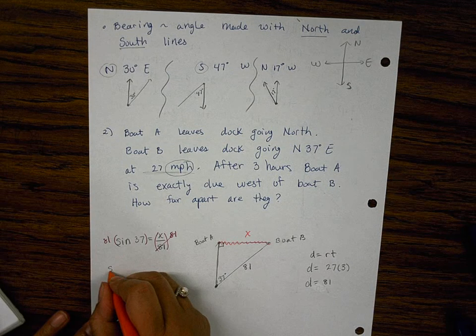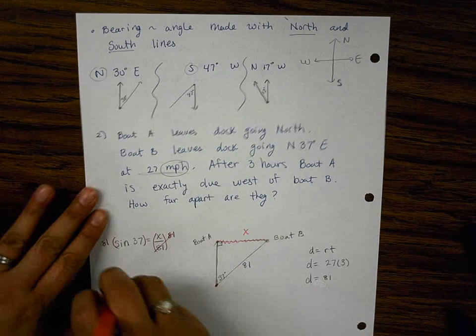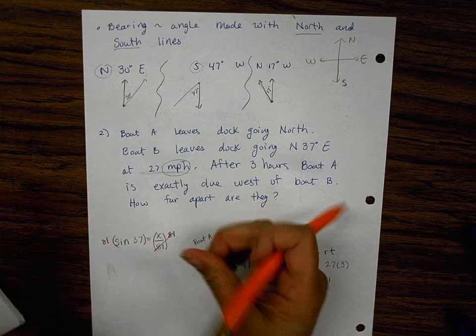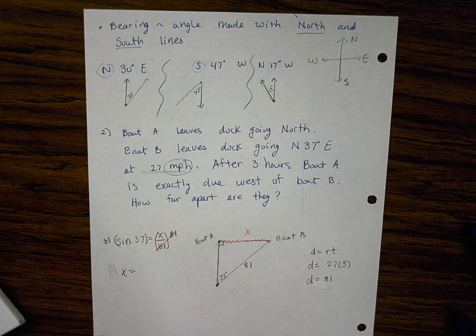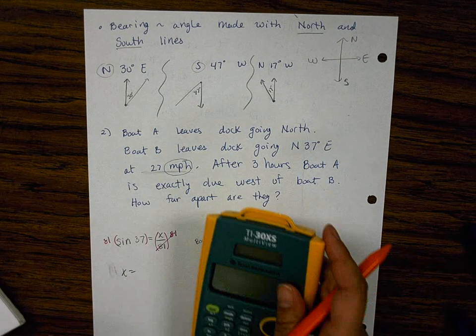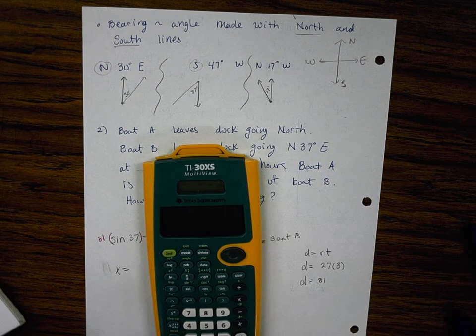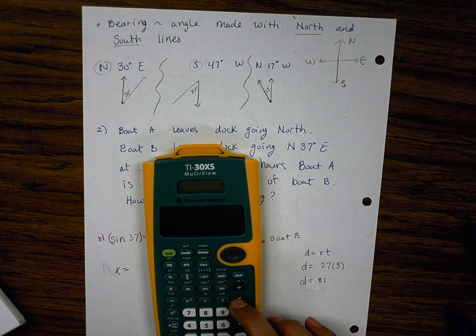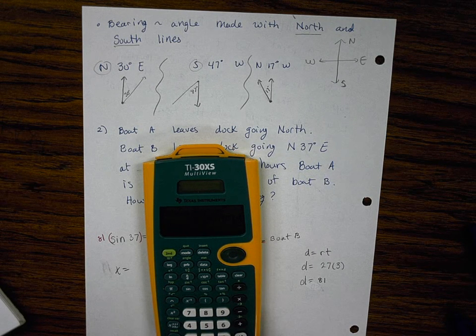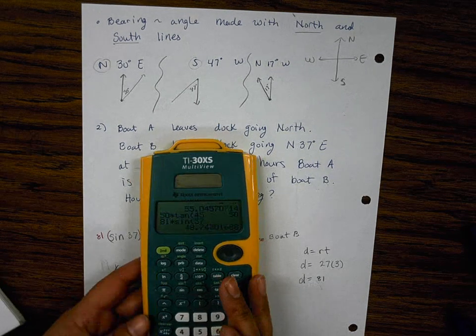Multiply both sides by 81. 81 times sine of 37 is what you're going to plug in your calculator. 81 times sine of 37.